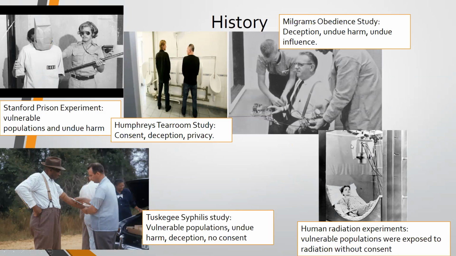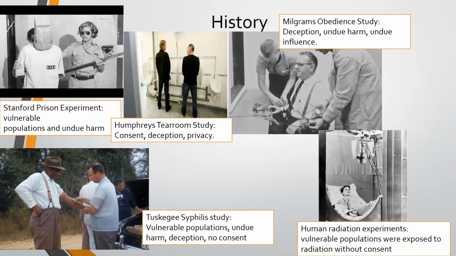And so we have a couple other ones, the Tuskegee syphilis study, a really terrible study when it comes to the history of research. Essentially, they were taking vulnerable populations, low SES African Americans in the rural South who had syphilis, and they were just tracking the development of the disease over time.